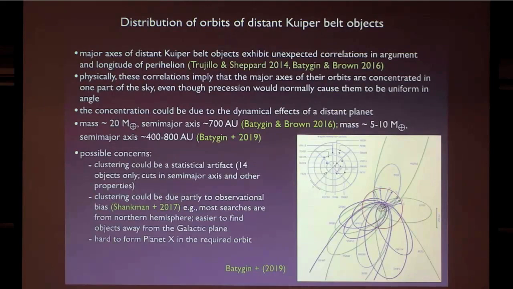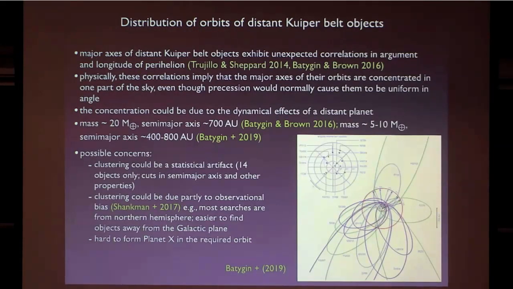This planet, the other Planet X, is based on the observation that if you take a carefully selected sample of Kuiper belt objects with eccentric orbits and large semi-major axes, the lines of apsides, the long axes of the orbits, are correlated. They seem to be clustered in one quadrant of the sky.